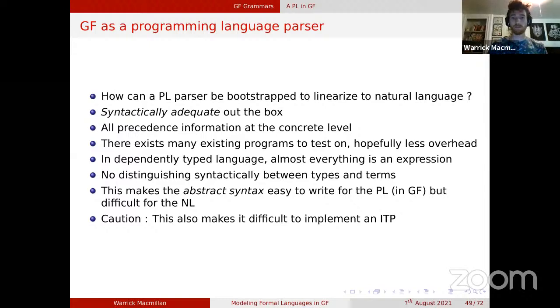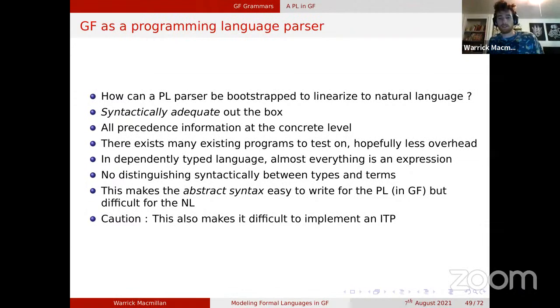Whereas in a simply typed lambda calculus, you have different sorts from the get-go, or different categories in your GF grammar. So it makes it easy to write an abstract syntax for the programming language, but if you want syntactic nuance, it's difficult to linearize it to a natural language that's semantically coherent.